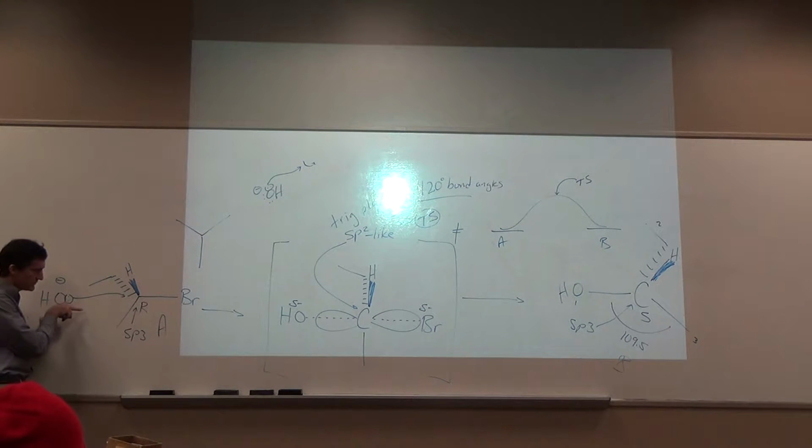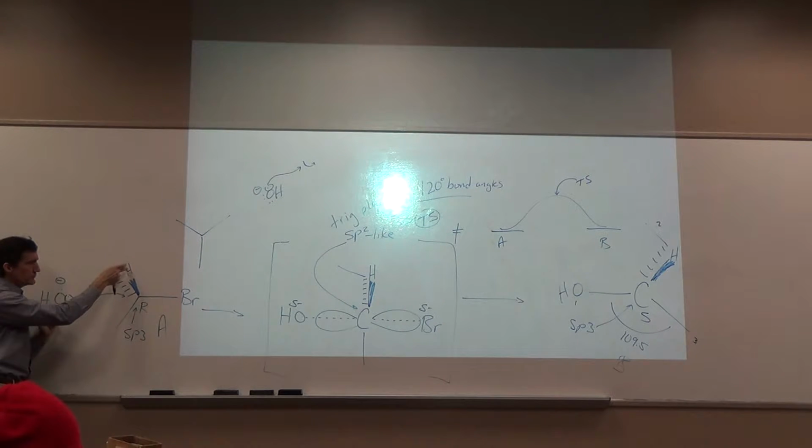This group has to find its way backside. What's going to be easier, if these three things here are small or large? Small, right? The smaller these three things are, the more accessible it is to get backside.